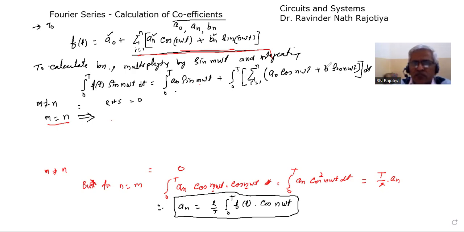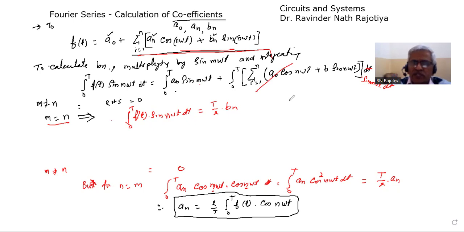I missed it, so you can write down here the sine of m omega t into dt. So I will get the integration from 0 to T of f of t dot sine of n omega t dt, when m is equal to n. This will be equal to T by 2 times b_n.